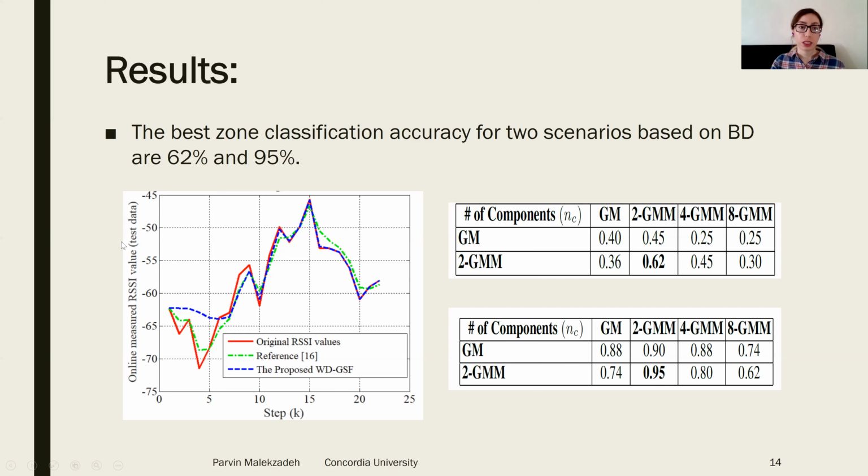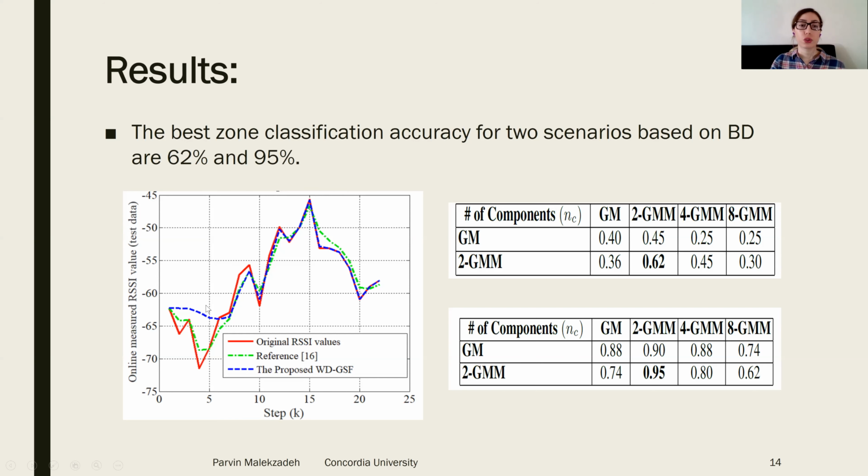And here shows the preprocessed RSSI value. The red one shows the original RSSI values with noise during the online phase. The green one shows the preprocessed signal using the conventional Kalman filter with the assumption of Gaussian noise.